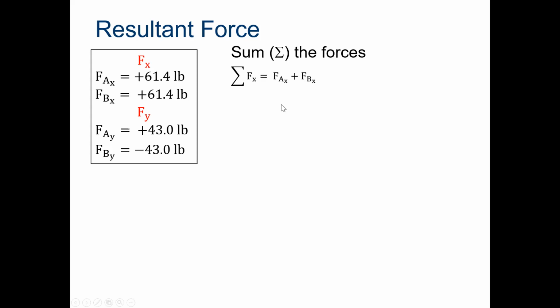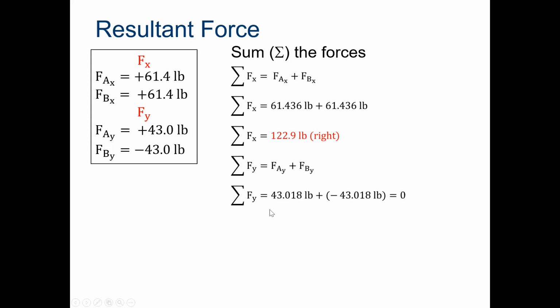So here's our sum of Fx formula, FAX plus FBX, and we have 61.436 pounds added together, and we have 122.9 pounds going to the right, according to our free body diagram. Now take a look at our component force Y. These cancel out, so the sum of component force Fy is 0.